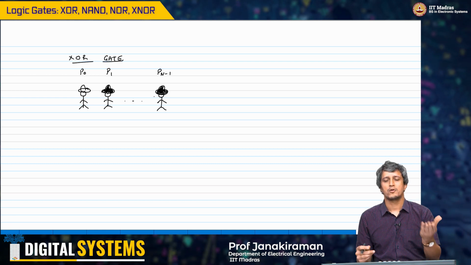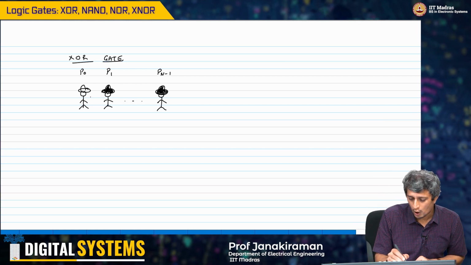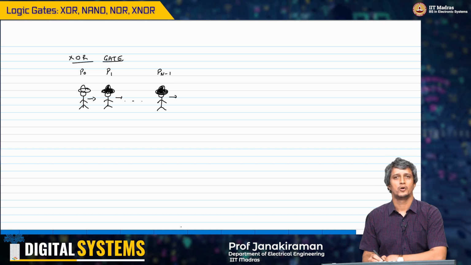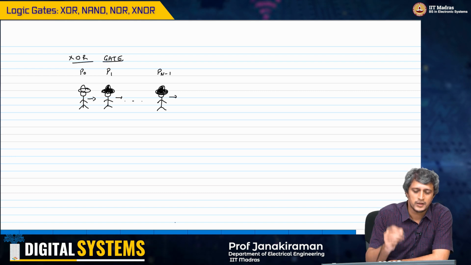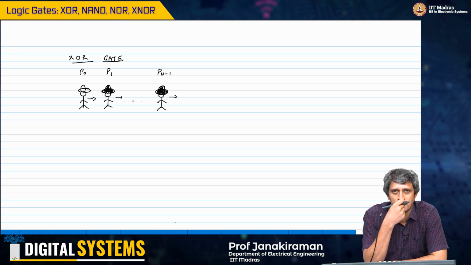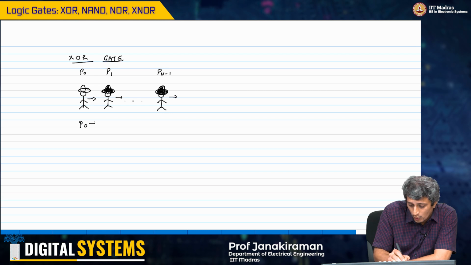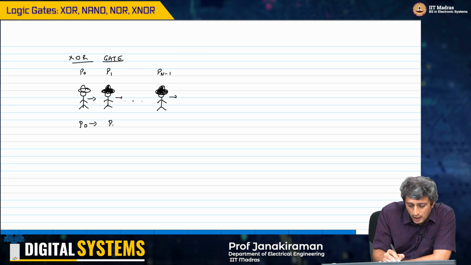One guy could get a white hat, other guy could get a black hat, and so on, and they are all facing in this direction. Now the blindfold is removed, and what happens is, because they are all facing in this direction, P0 can see the hats of P1 to Pn minus 1.